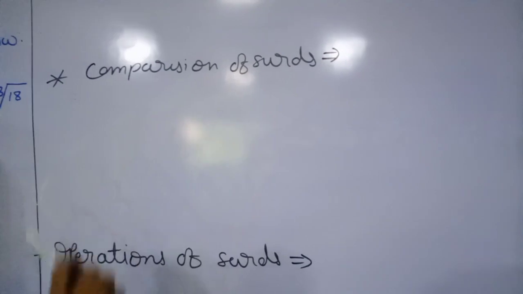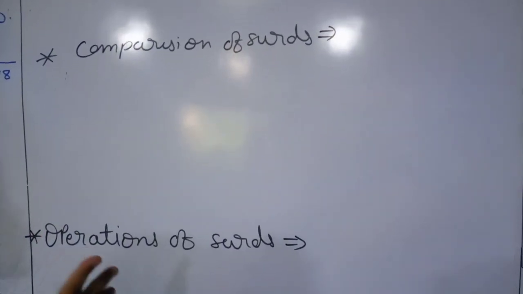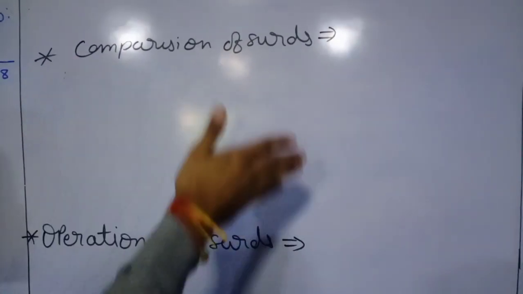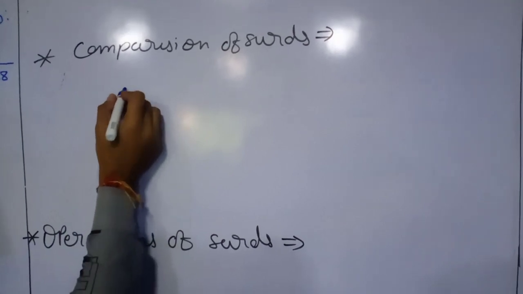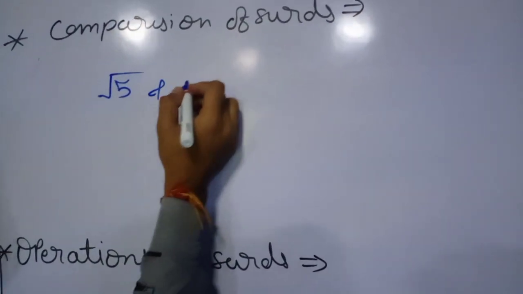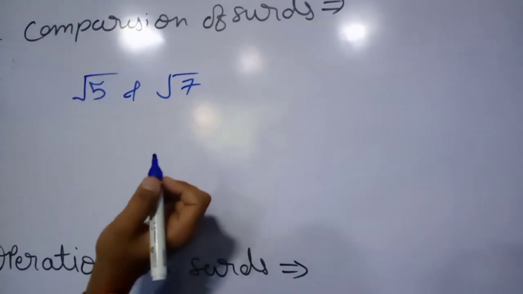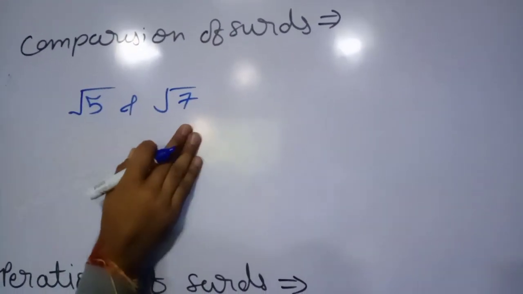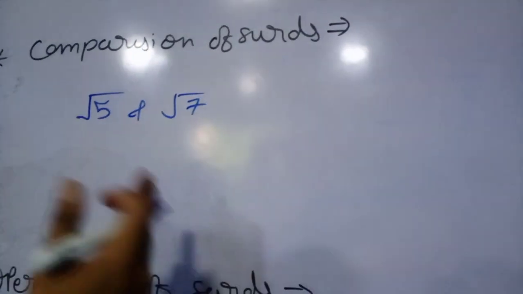Next concept is comparison of surds. Comparison of surds means how you are going to say which one is the greater and which one is the smaller. For example, here we have root 5 and root 7. Which one is the greater and which one is the smaller? How are we going to decide?